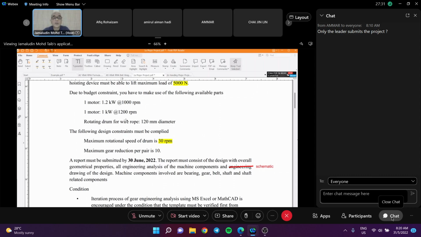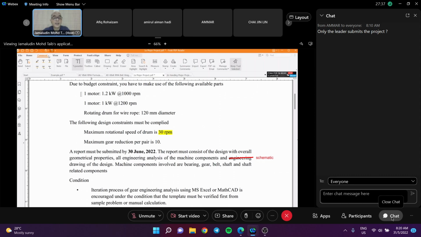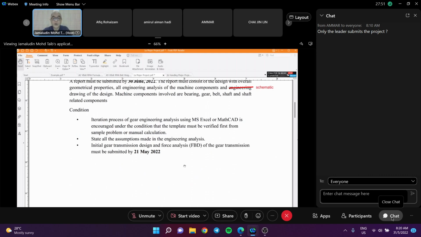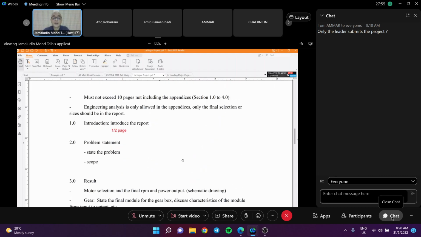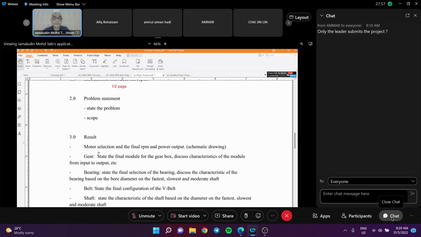For example, you take one motor here, and you select this one, with each gear pair having a loss of 0.90%. Then you proceed with the analysis and get the final output: what the RPM output is based on the gear ratio and so on. That will be here: motor selection, and the final RPM and power output at the end.